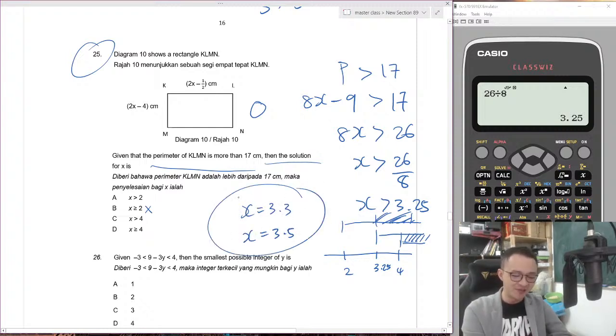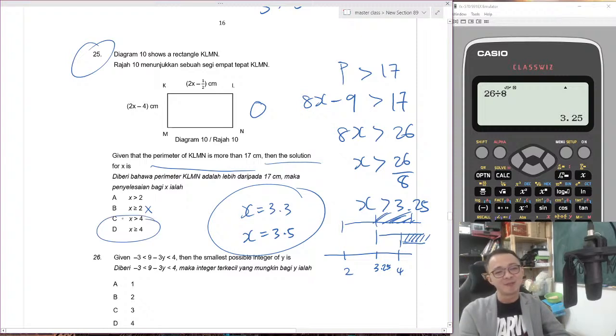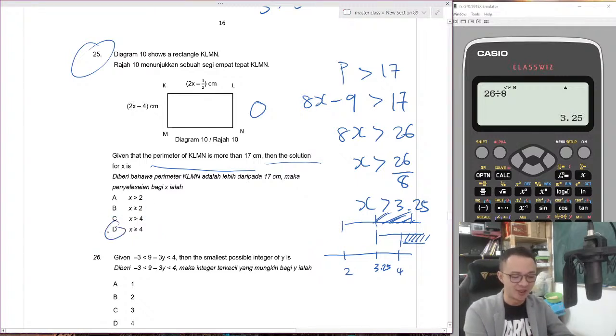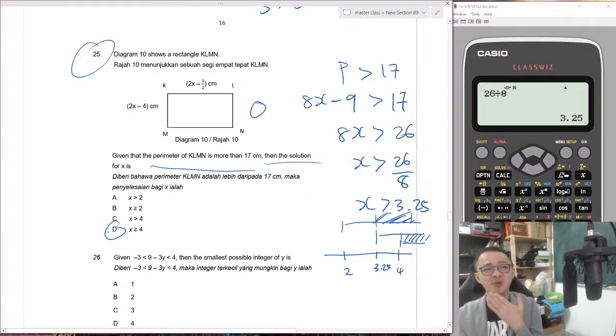But then both of these values don't get included over here, right? Unless the question says x is integer, then 3.25, the next number is x equals 4, isn't it? x equals 4 or 5, then I will choose answer D, if x is integer. But if x is decimal, definitely we'll miss some values, right, if we straight away choose x equals 4.